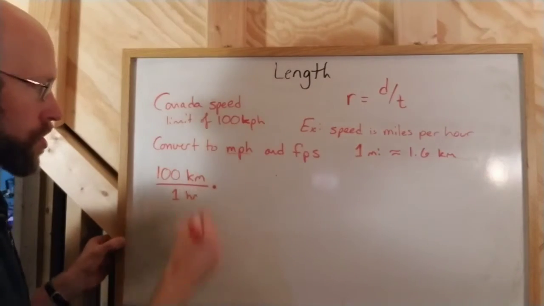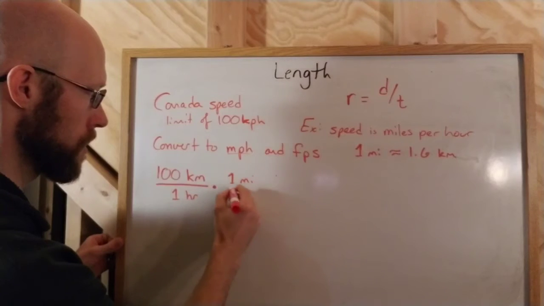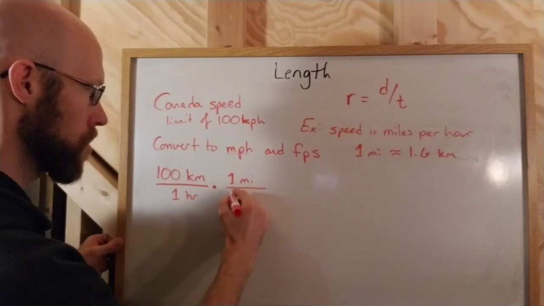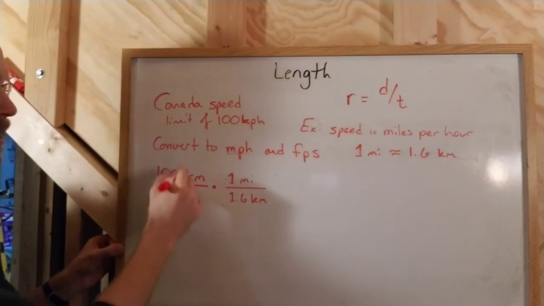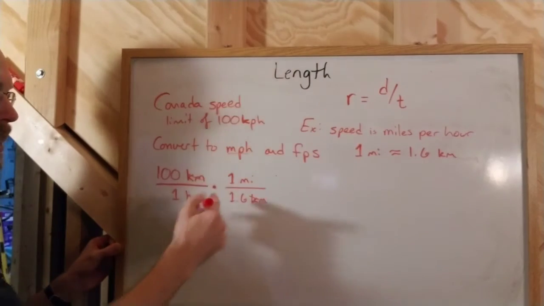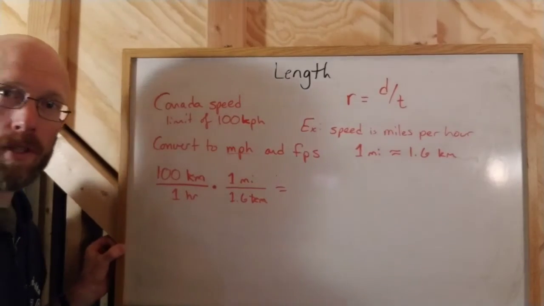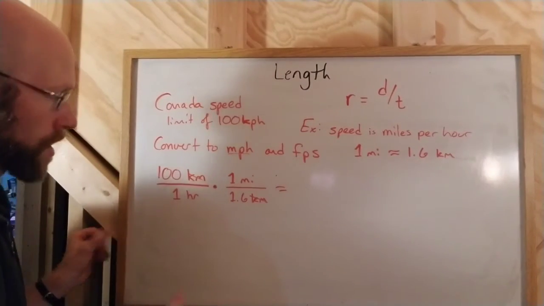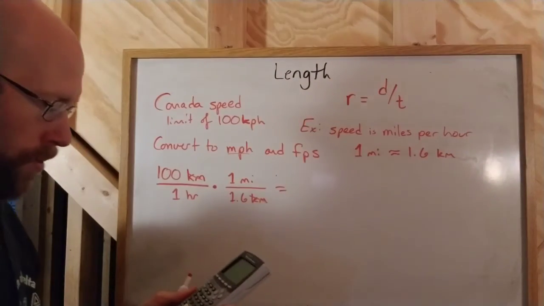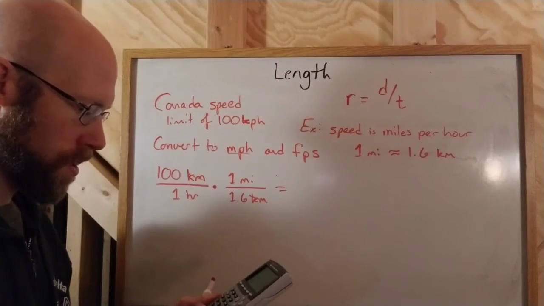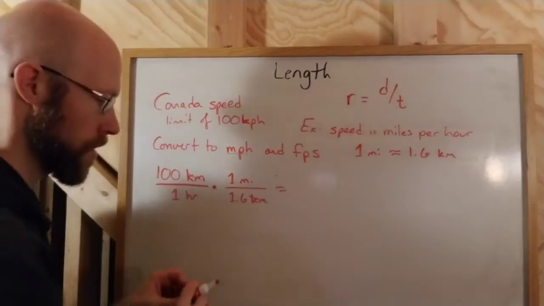So I take 1 mile and divide by 1.6 kilometers. The kilometers cancel out, and I'm going to be left with a mile per hour rate. Those are the units that are left uncanceled. Now I have to do that calculation. It's 100 divided by 1.6, and that's 62.5.